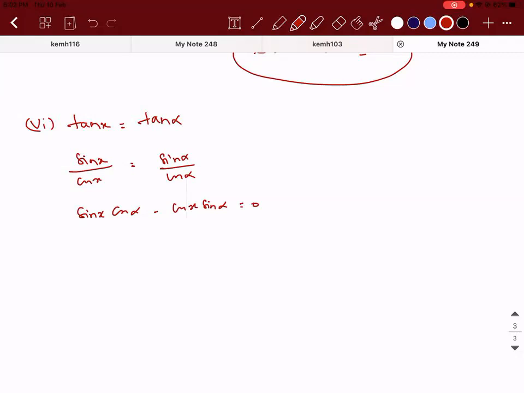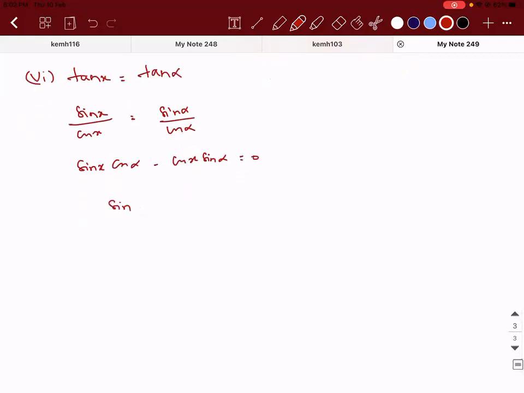Correct? So sin of (x minus alpha) is equal to 0, which implies x minus alpha is equal to how much? n pi. Then x will be equal to how much? n pi plus alpha. So this is the general solution for tan x is equal to tan alpha.